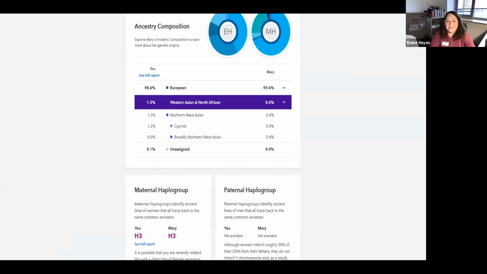Okay, this is my family tree and Mary's. Mary's a little bit more European than I am. Our maternal haplogroup is the same, which should be correct, because she is descended from my mother's sister. So we both got our haplogroup from the same person, same line.